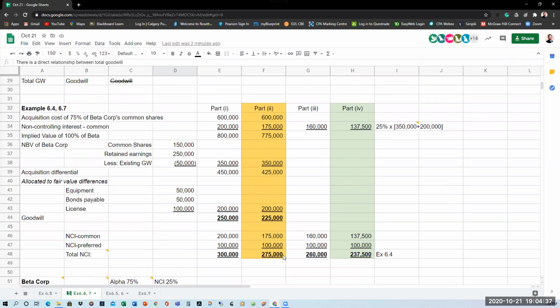If NCI goes down, goodwill goes down. Is that conceptually clear? The relationship between non-controlling interest and goodwill.